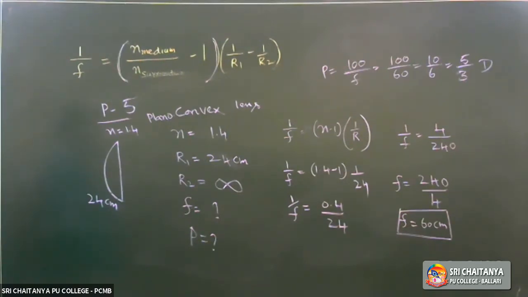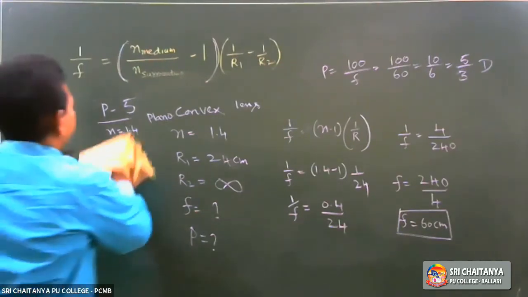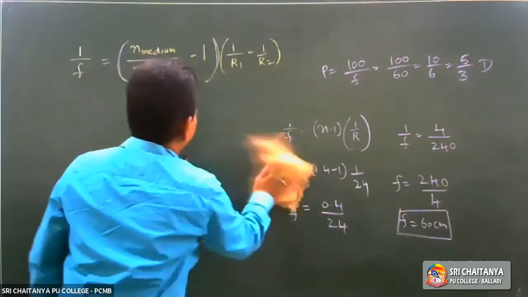Diopters. So like this, we can solve the problems on the lens maker formula by using the appropriate formulas. So what is the formula for the lens maker?